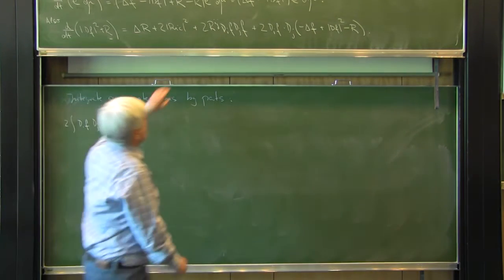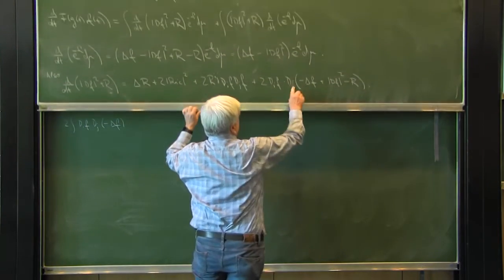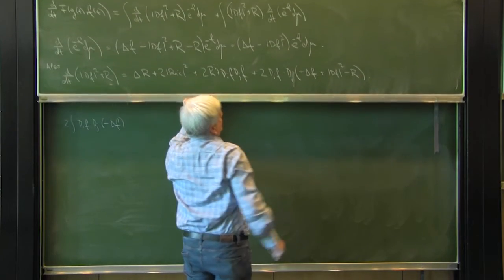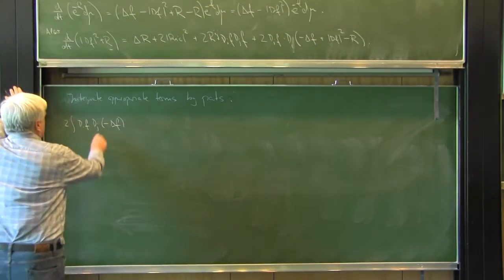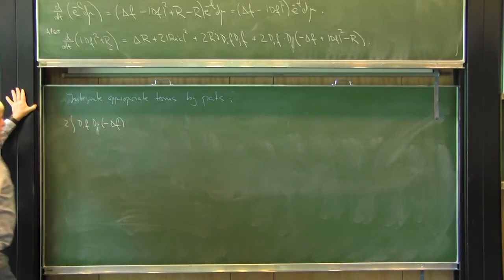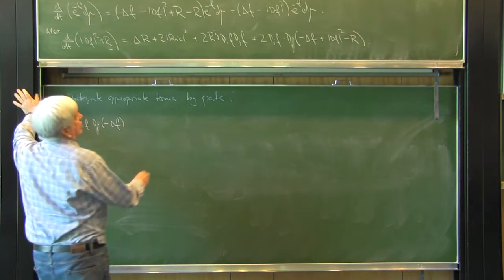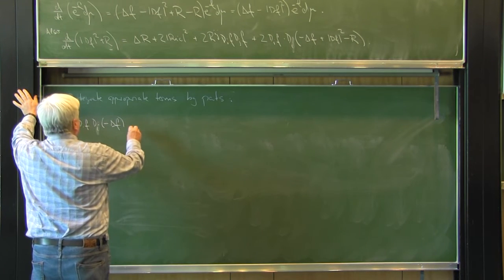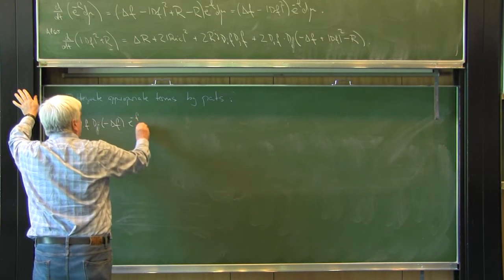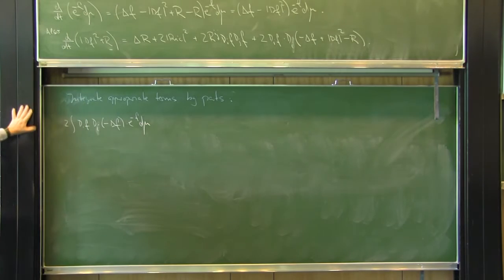Yeah, this is not a j, this is another i. Minus Laplacian f times e to the minus f dμ, right? There's going to be one such term.